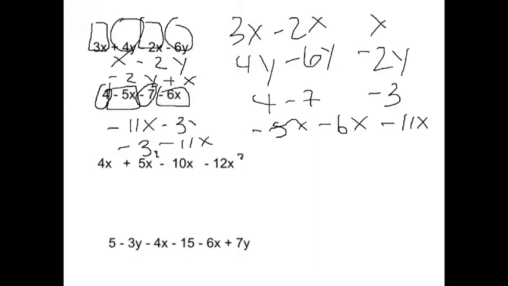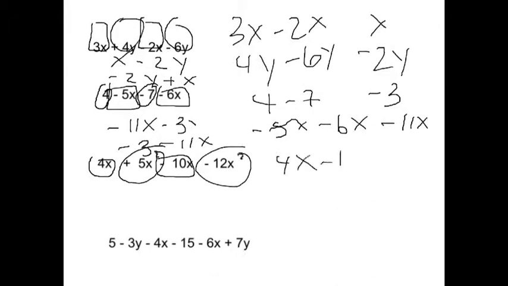For this next one, what you have to recognize is 4x is a like term with negative 10x, but positive 5x squared and negative 12x squared are like terms with each other. So 4x minus 10x is one set of like terms, and positive 5x squared and negative 12x squared are also like terms. 4x minus 10x is negative 6x. 5x squared minus 12x squared is negative 7x squared.